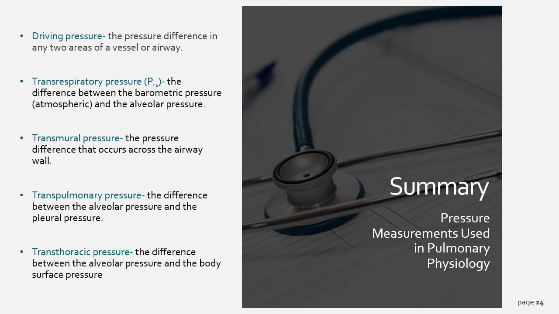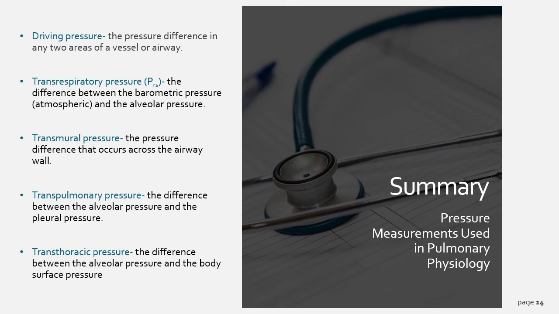Transrespiratory pressure, also called trans-airway pressure, is the difference between the barometric pressure and the alveolar pressure. Transmural pressure is the pressure difference that occurs across the airway wall, or between the inside and the outside of an airway.